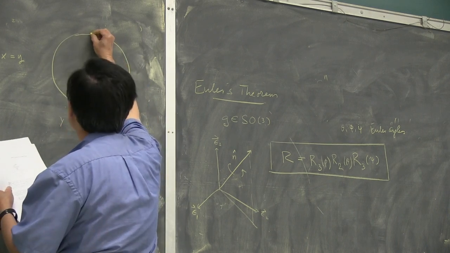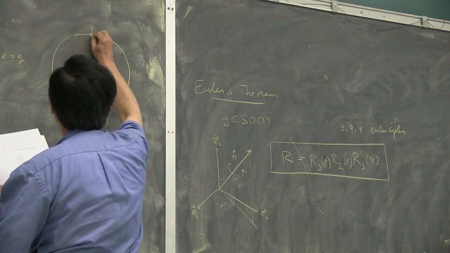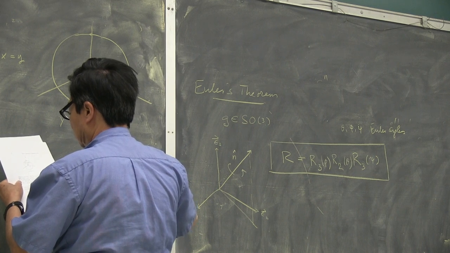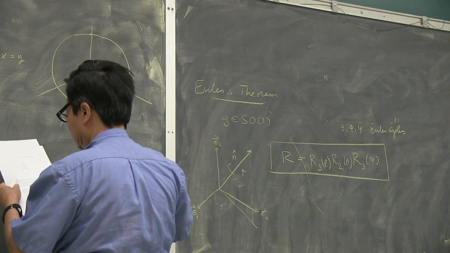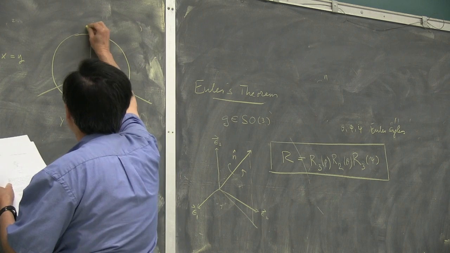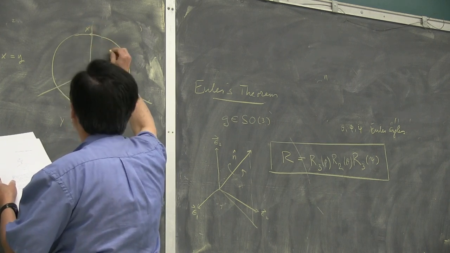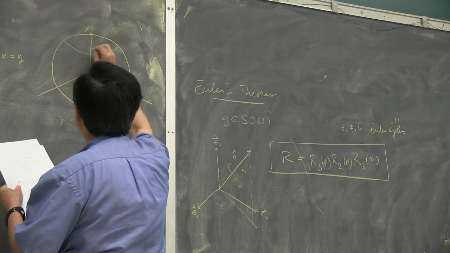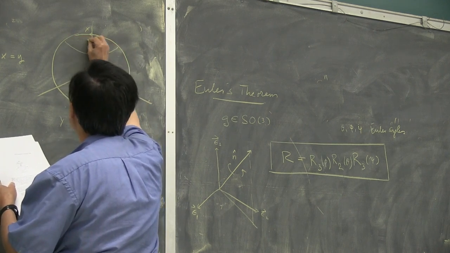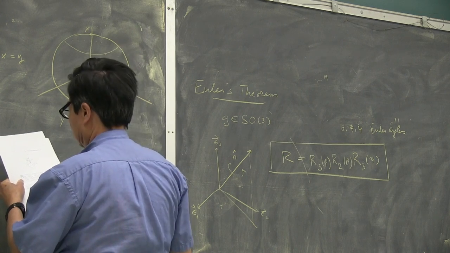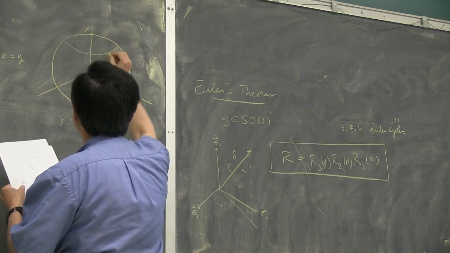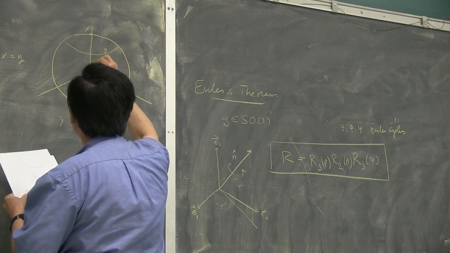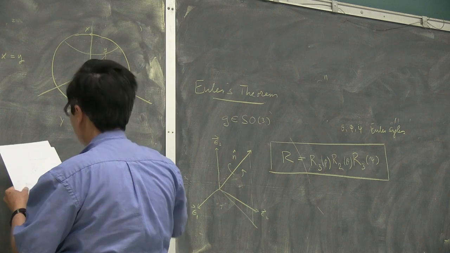Say that this is the North Pole right here, and these are the three axes. That's the point X. And let's say Y is over here, and so I'm going to draw a latitude circle crossing Y. And this Y here is characterized by the two polar angles theta and phi.